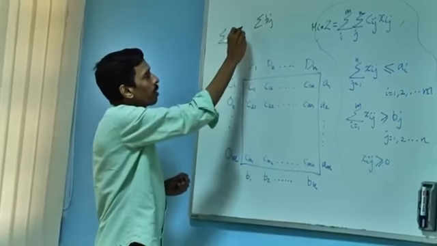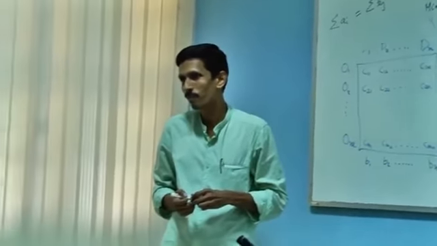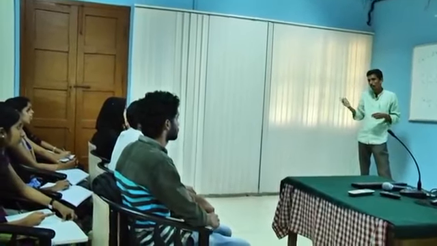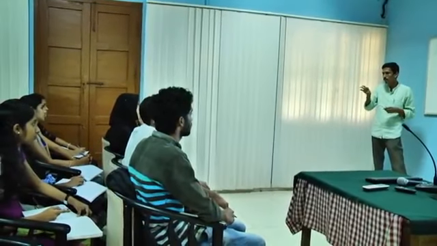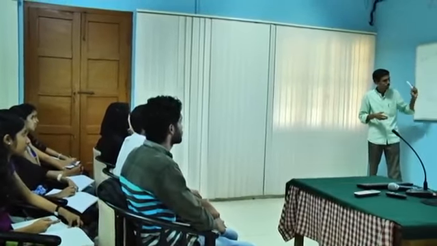If they are equal, we will call this transportation problem a balanced transportation problem. If the sum of the requirements at each destination is equal to the sum of the availability at all origins, then we will call it a balanced transportation problem. Sigma ai is equal to sigma bj.